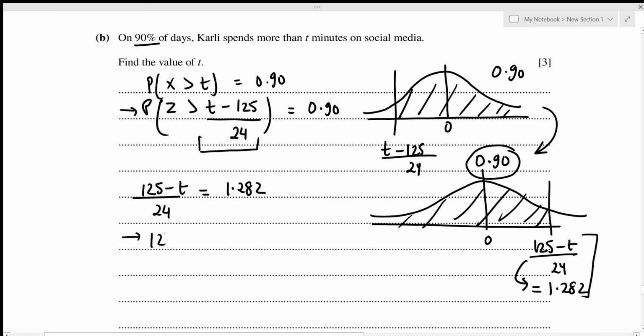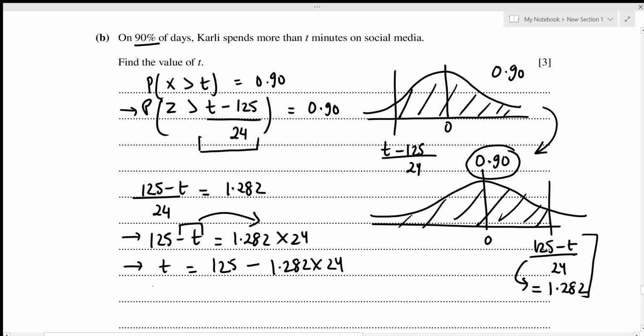This just means that 125 minus t is going to be equal to 1.282 into 24. Now I'm going to move this t to this side, so t is 125 minus 1.282 into 24. This gives us the required t value of 94.2.